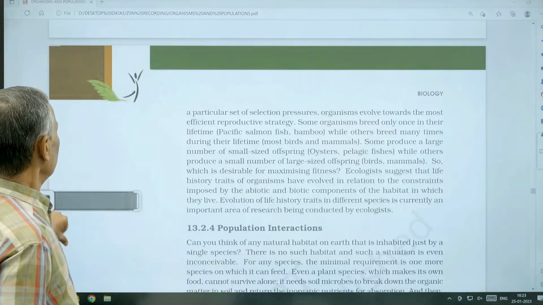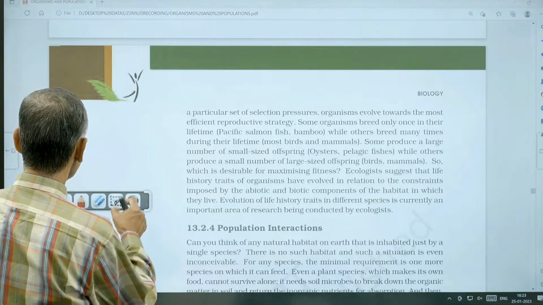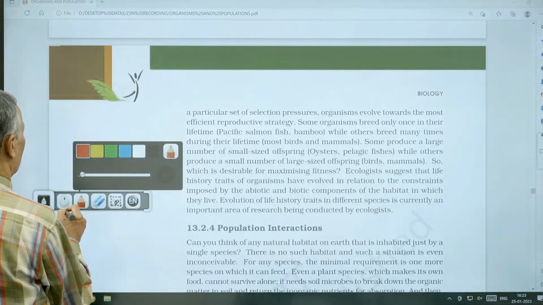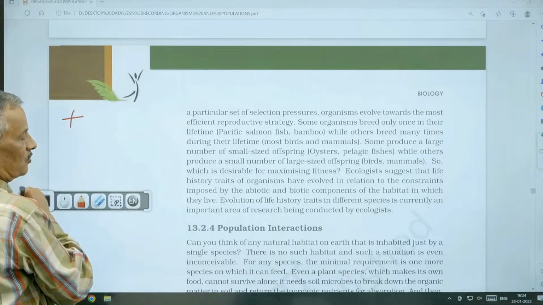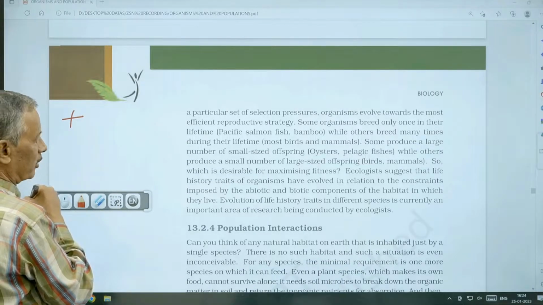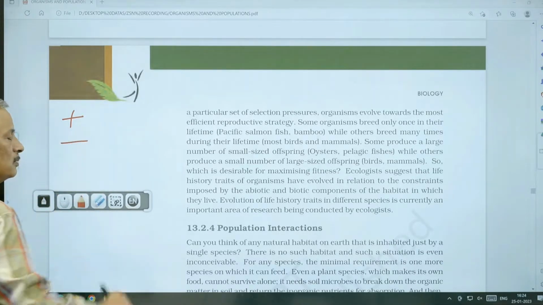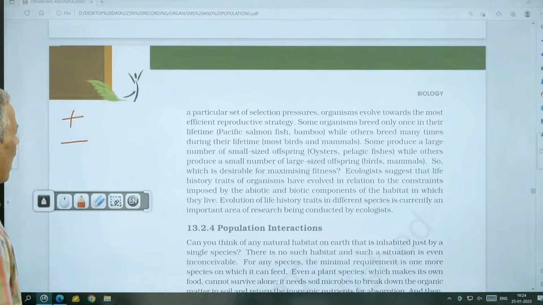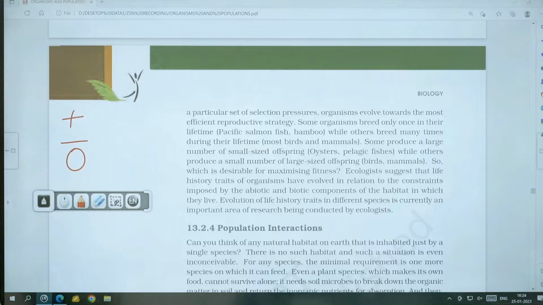Okay, and we can designate these interactions by simple signs. If by an interaction a population is benefited, it is marked as positive. If a population is harmed, it is negative. And if there is neither benefit nor harm, it is unaffected, and is marked as 0.